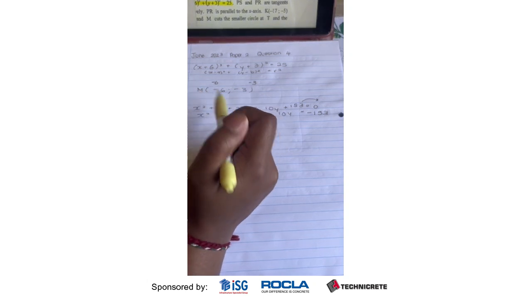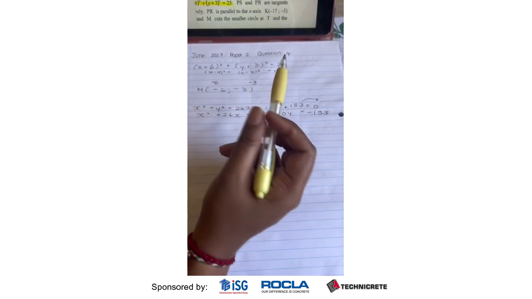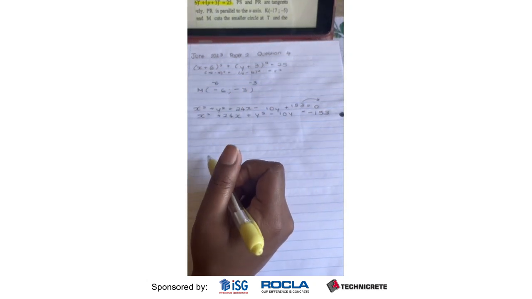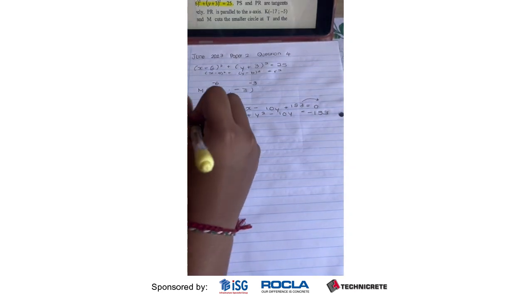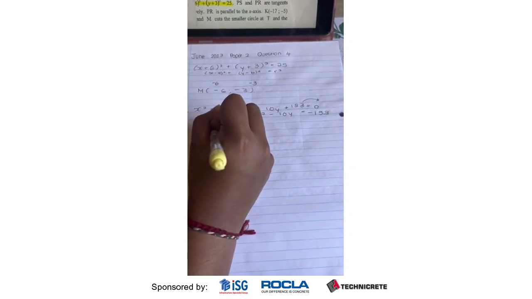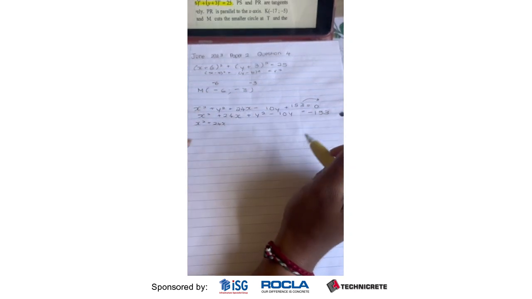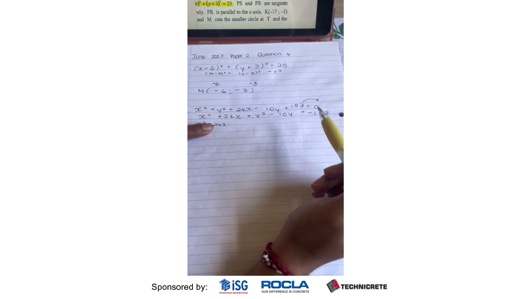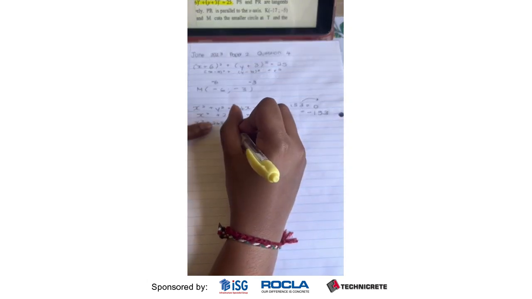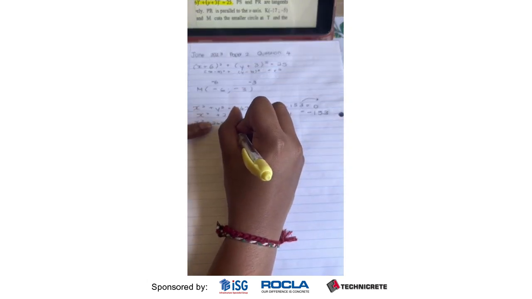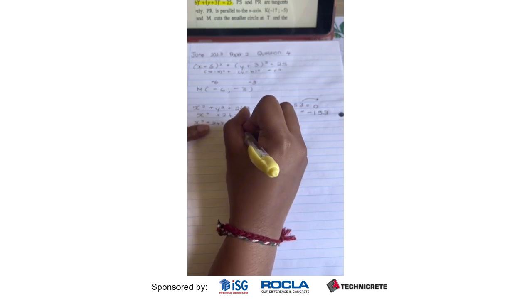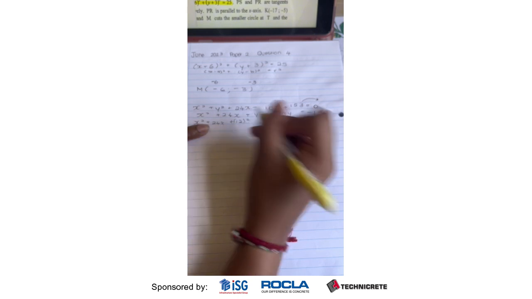So we want to create this format here. What we need to do is create a trinomial form. So how do we create a trinomial? We've got 24x. What is half of 24? It's going to be positive 12 squared.